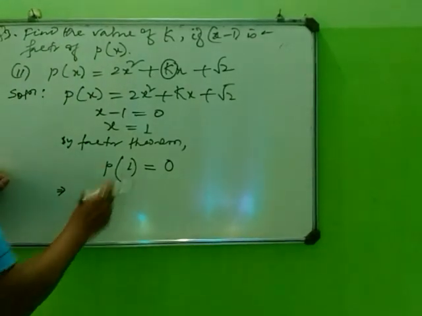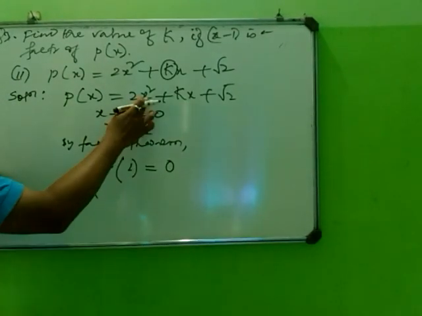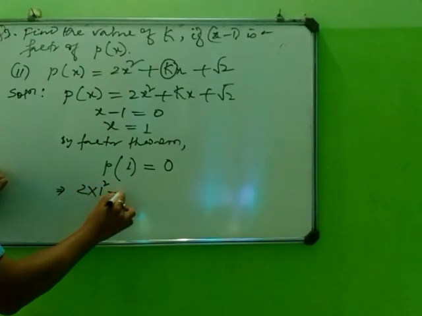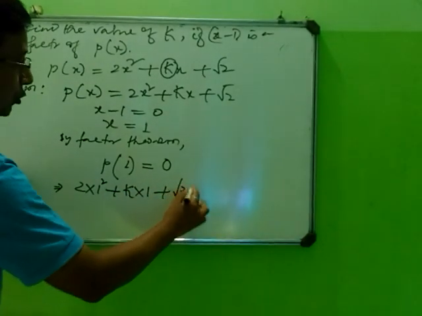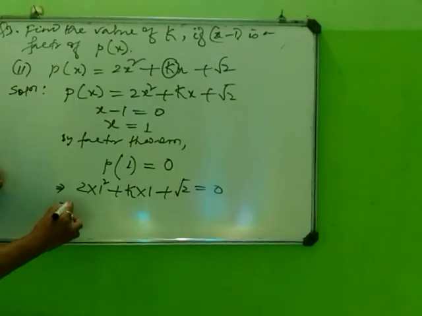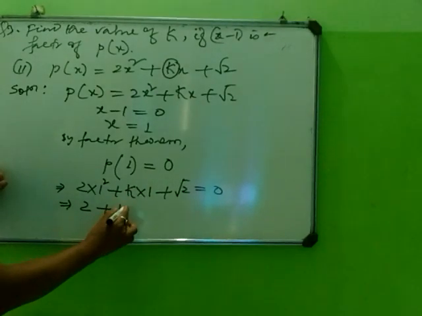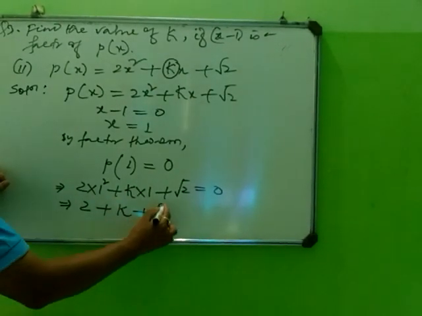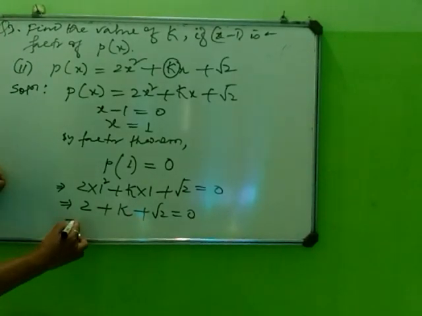Now you replace x by 1. So 2 into 1 squared plus k into 1 plus root 2 equals 0. Now simplify. So 2 plus k into 1, it will be k, plus root 2 equals 0. Now how much will be k?